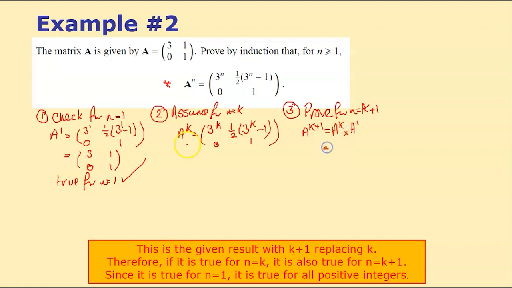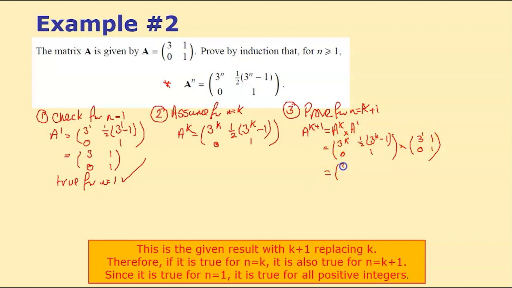And so now this is where I use my assumption that this is true. And definitely a bit more complicated this time because of all the brackets and the powers and stuff. And I'm going to times that by a to the 1, which was 3, 1, 0, 1. So if I just multiply these out, I get 3 to the k times 3 to the 1.